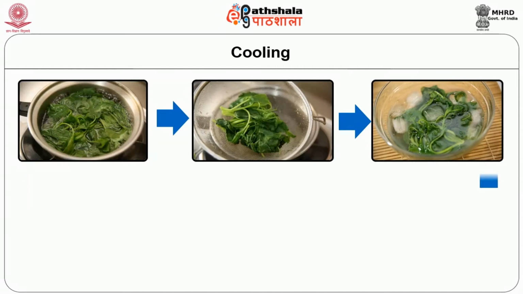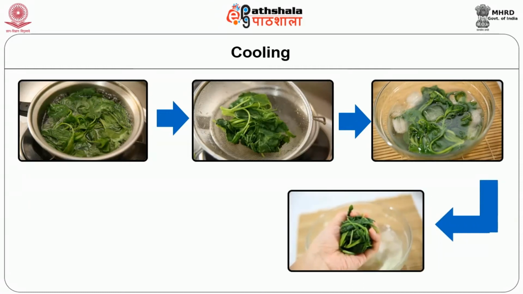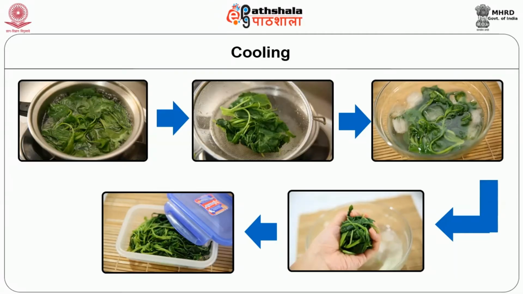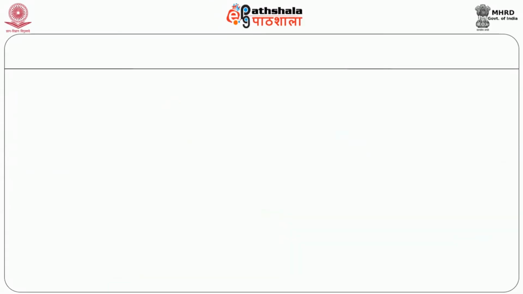If ice is used, about 1 pound of ice for each pound of vegetable is needed. Cooling vegetables should take the same amount of time as blanching. Drain vegetables thoroughly after cooling. Extra moisture can cause a loss of quality when vegetables are frozen.